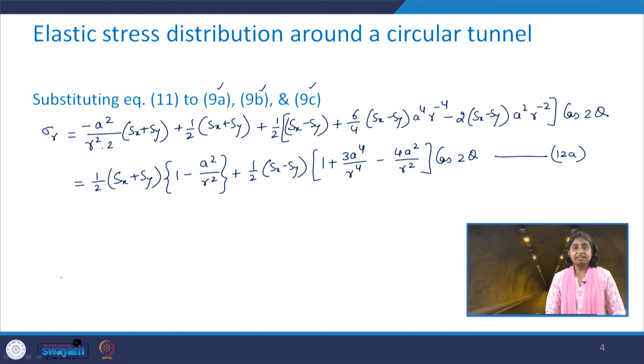Now, similarly, we can substitute this equation into the respective equation for sigma theta.